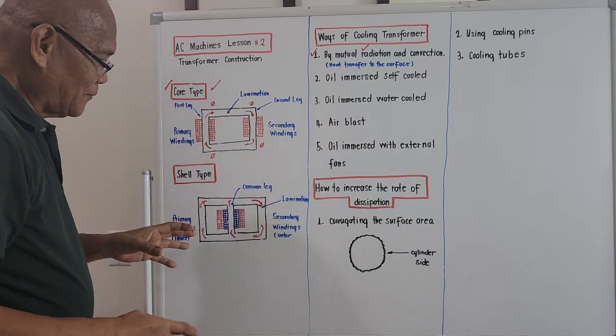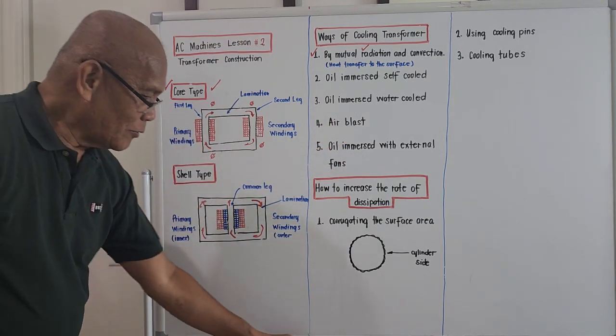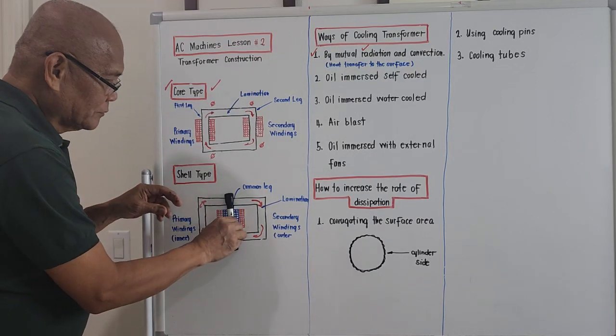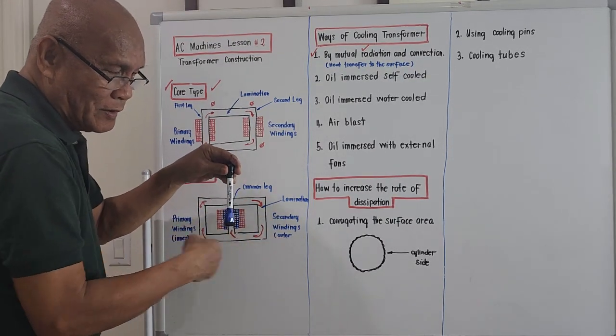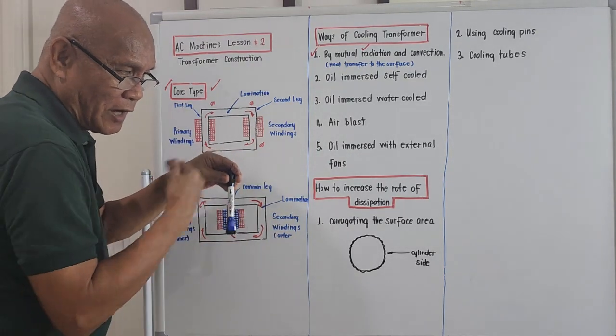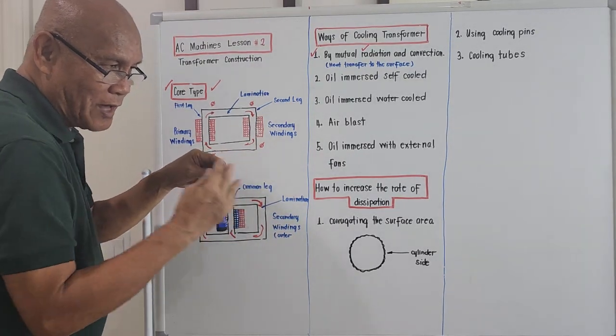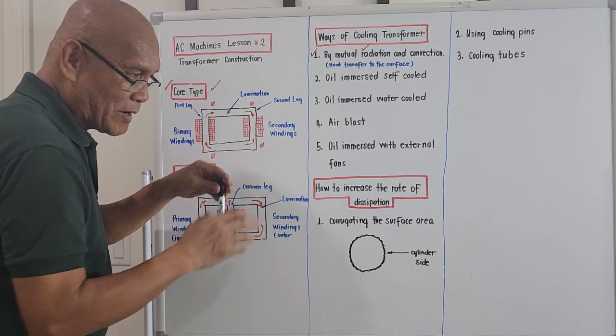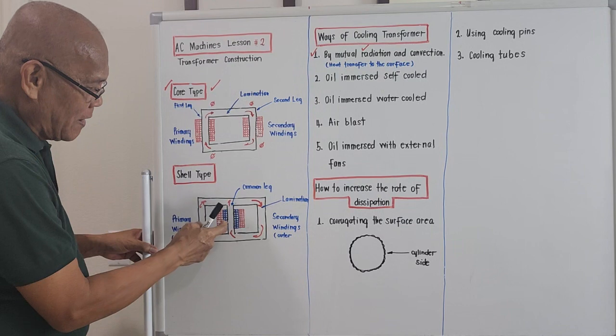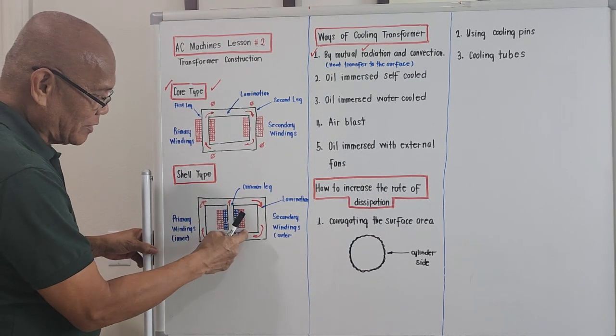For the shell type, they are connected on a common line at the center. The first winding to be wound is actually the primary. It will be covered by an insulation. Then after that, the secondary windings will be wound, and that comprises the windings of the primary and the secondary.